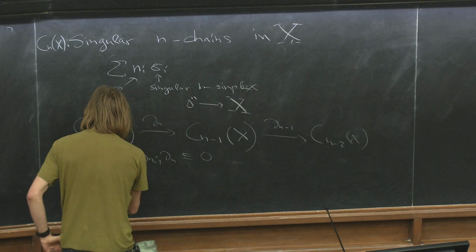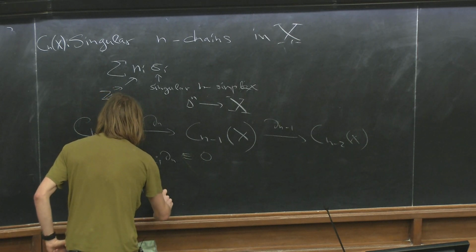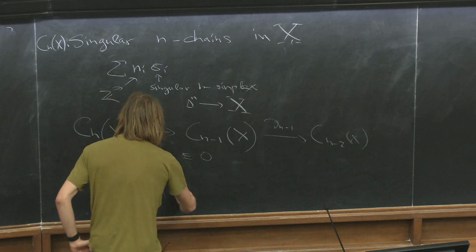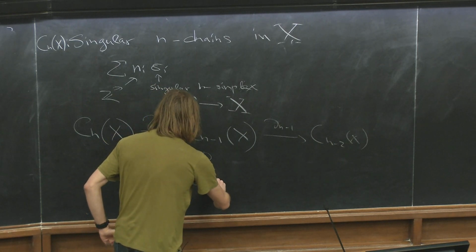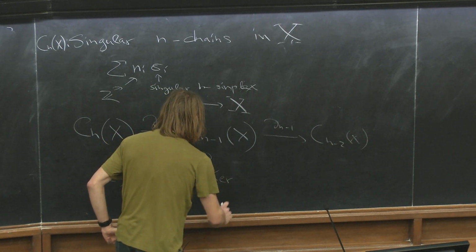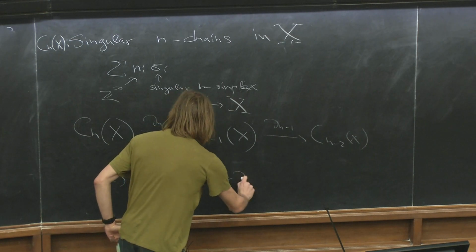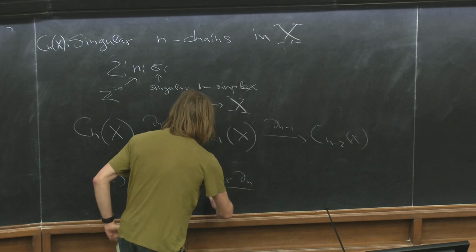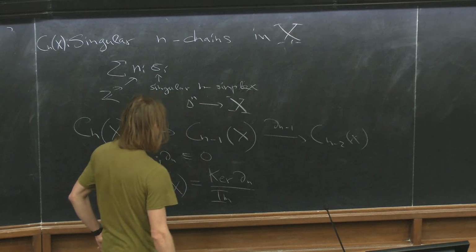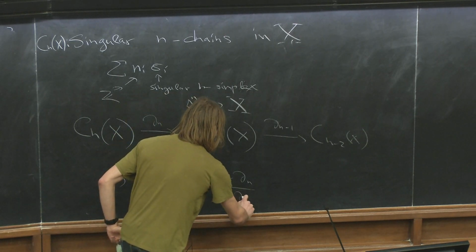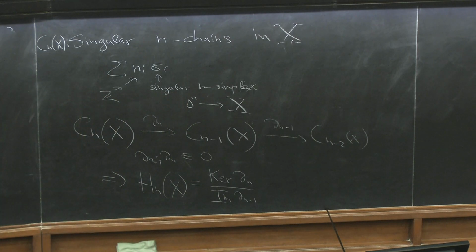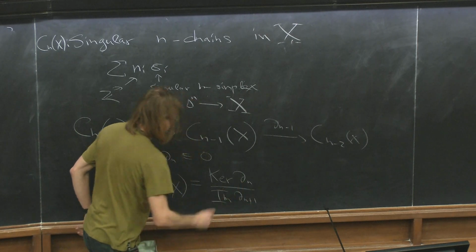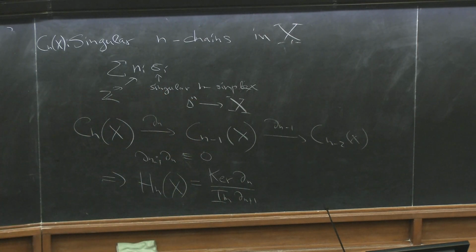This allows us to define what we call singular homology for a topological space X as the kernel of this operation, quotient with respect to the image. Sorry, d n plus 1.